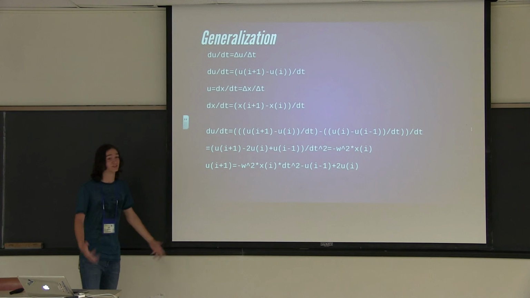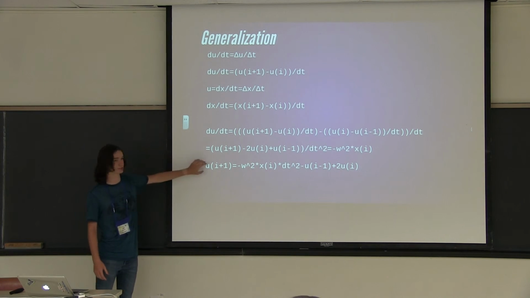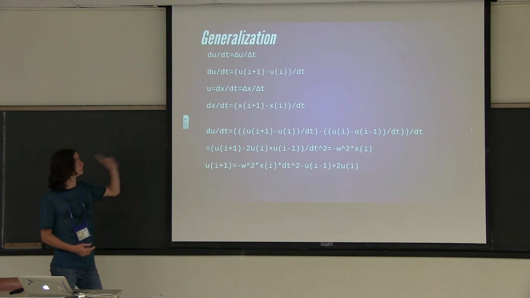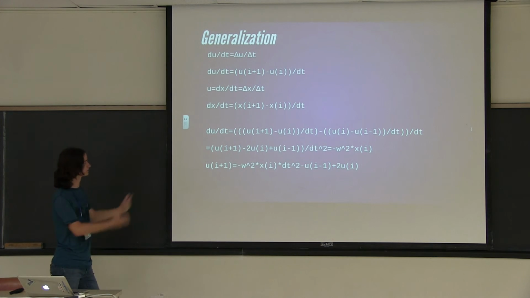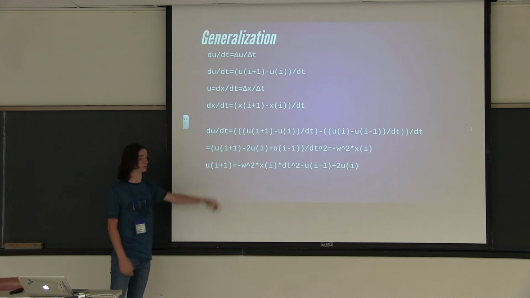Now that we have that, we need to get the generalization. Once again, I'm going to talk very quickly, so all you need to focus on is this, right? We do this for all of our programming. We have u of i, we have u of i plus 1. We're trying to solve for the next one. So we have u of i and u of i minus 1, and we're trying to get i plus 1.